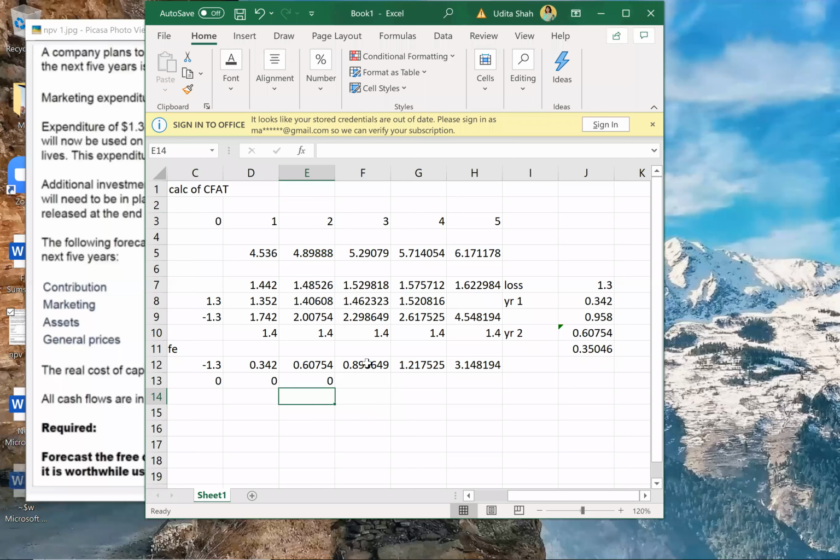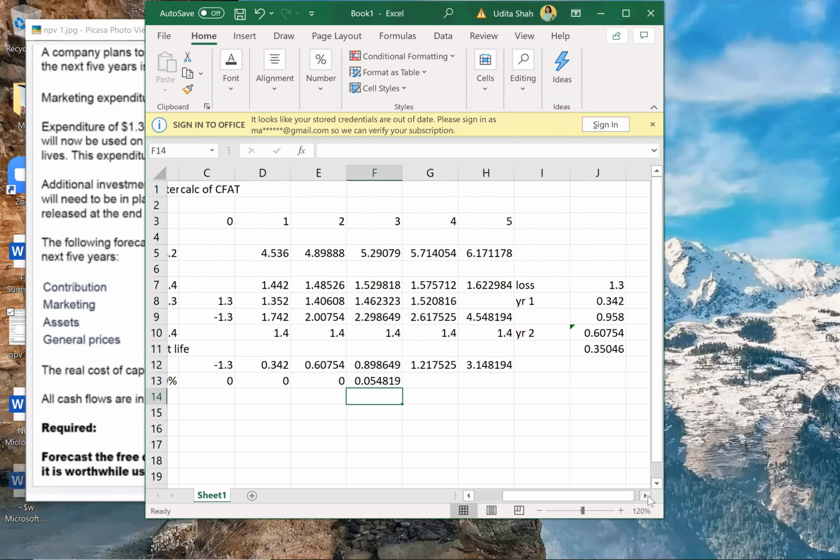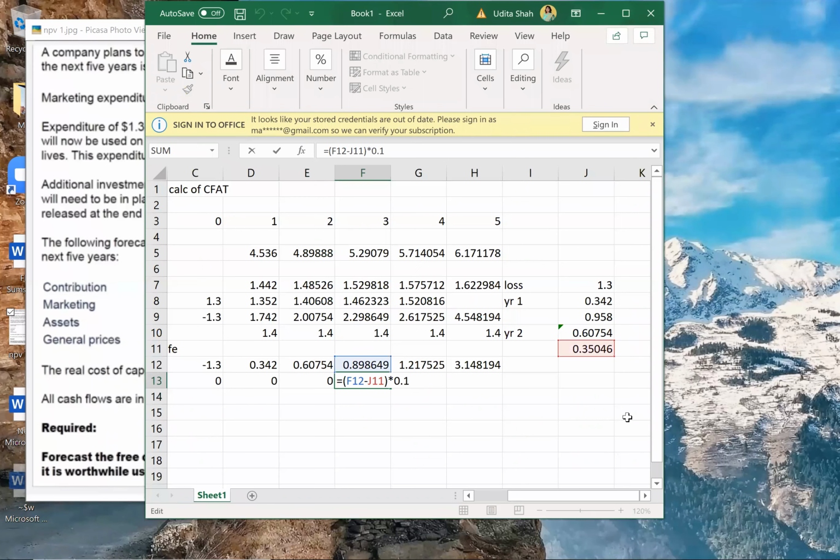So this year, 0.89 minus this loss, into 10%, that will be my tax of year 3. See if you understood this. After first 2 years, only a loss of 0.35 million was remaining.